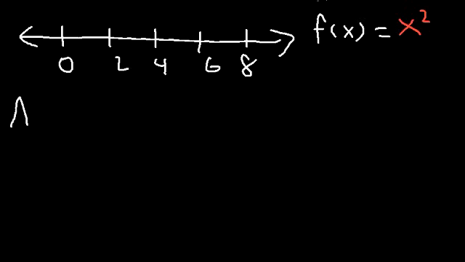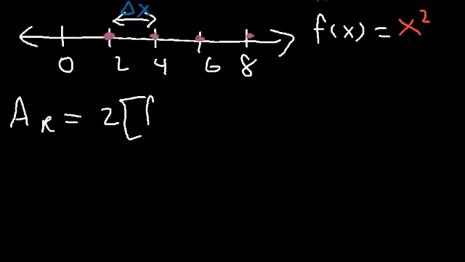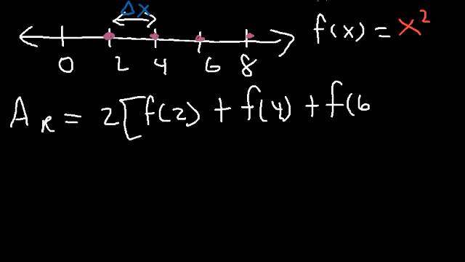So using the right Riemann sum, delta x is still equal to 2 times the sum of all the f of x values. So we're going to use the 4 points on the right. That's 2, 4, 6, and 8. So it's going to be f of 2 plus f of 4 plus f of 6 plus f of 8.